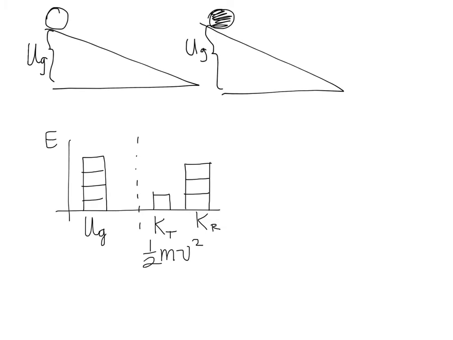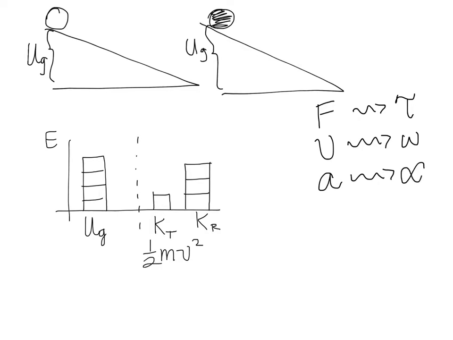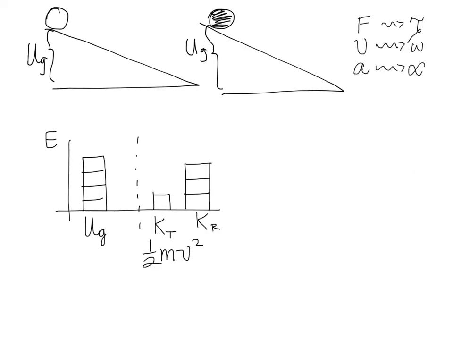Now, we've done this whole analogy thing before, looking at different quantities that we had in linear motion. So, remember, force is analogous to torque, and linear speed is analogous to our angular speed, and our linear acceleration is analogous to our angular acceleration. That's the little alpha. So if we look at kinetic energy as being one half mv squared, that is our translational kinetic energy.